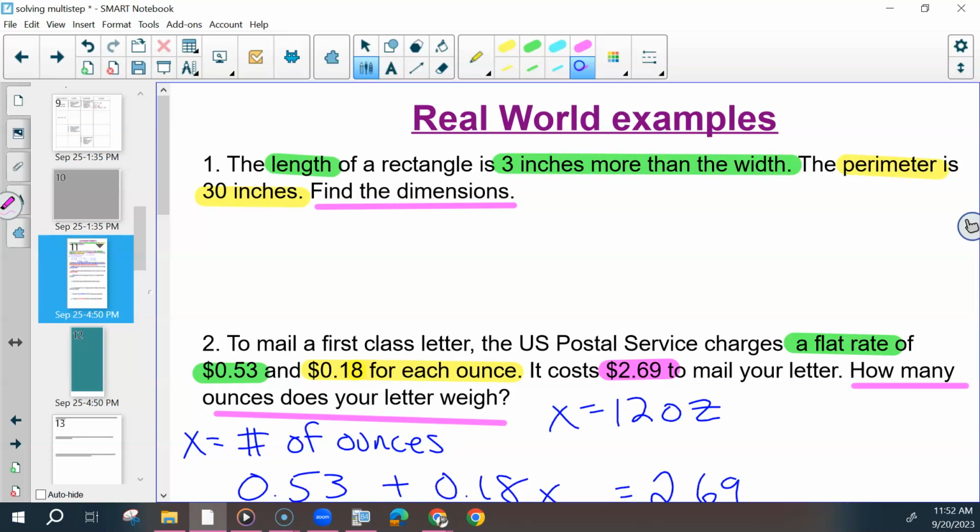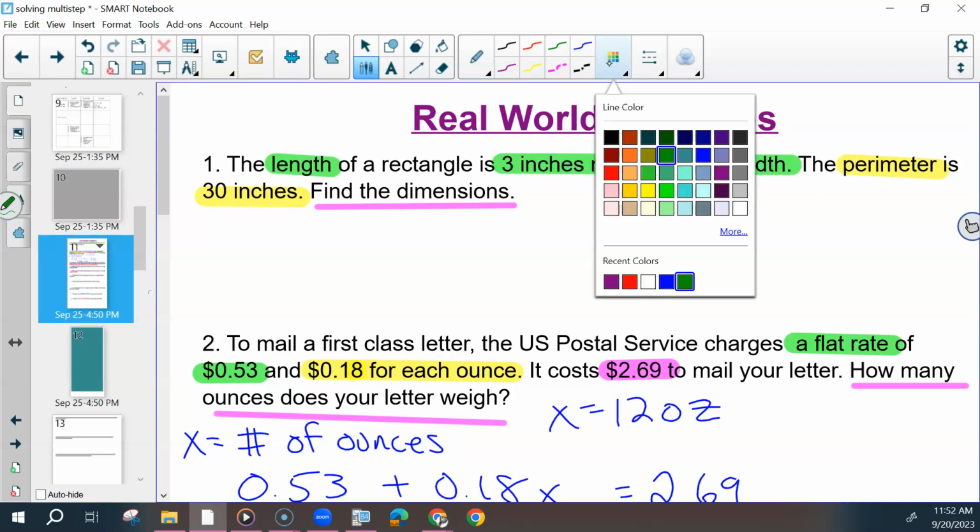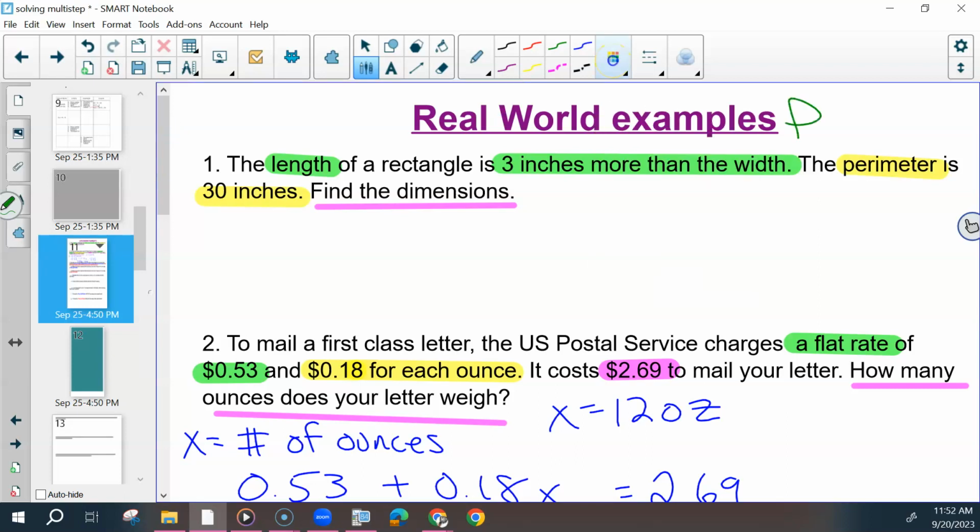How do we find the perimeter of a rectangle? Length times width is area. You add up all the sides, or more specifically, you can use this equation, P equals 2L plus 2W. It's the same thing as adding up all the sides, but it's more specific.